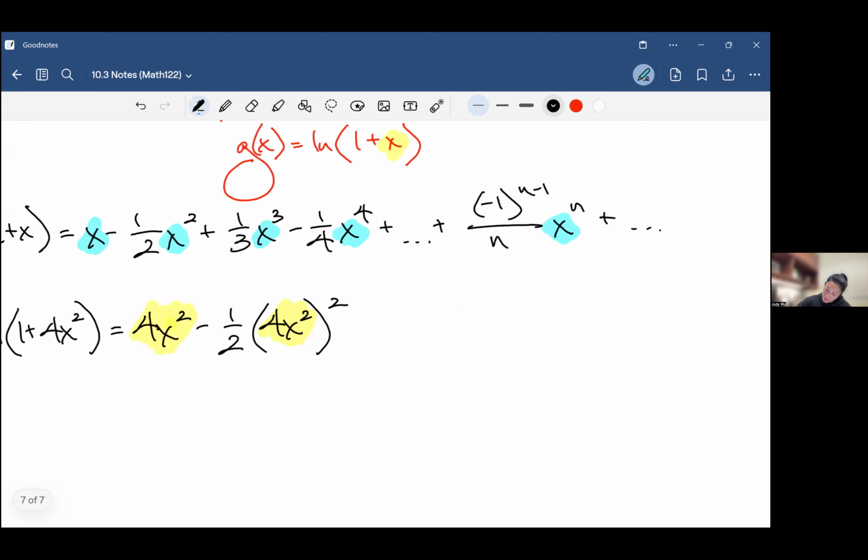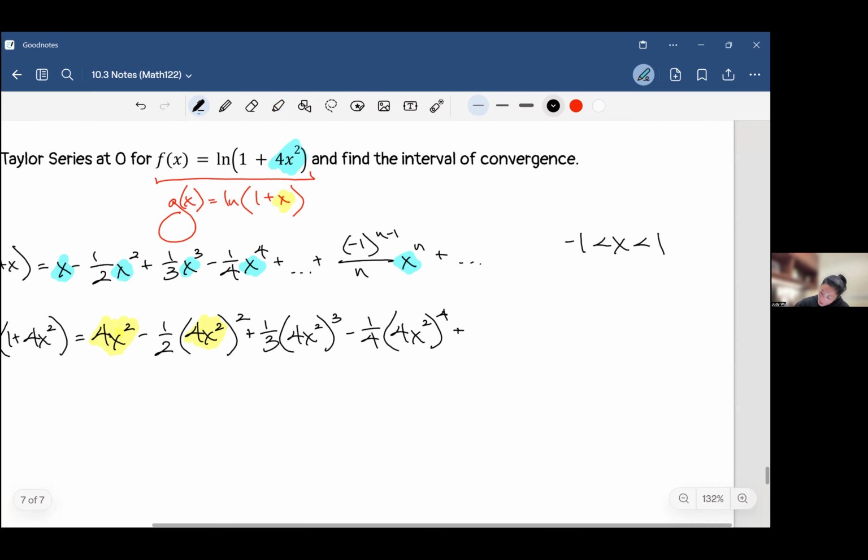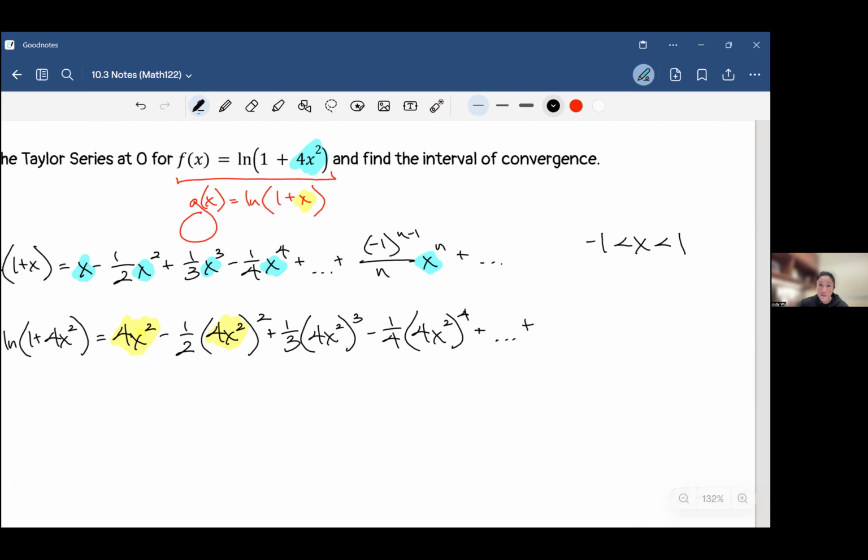Okay, all right, let's keep going. Plus 1/3 times 4x squared cubed minus 1/4 times 4x squared to the fourth. And let's not forget to do the n term. Negative 1 to the n minus 1 over n times 4x squared to the n.